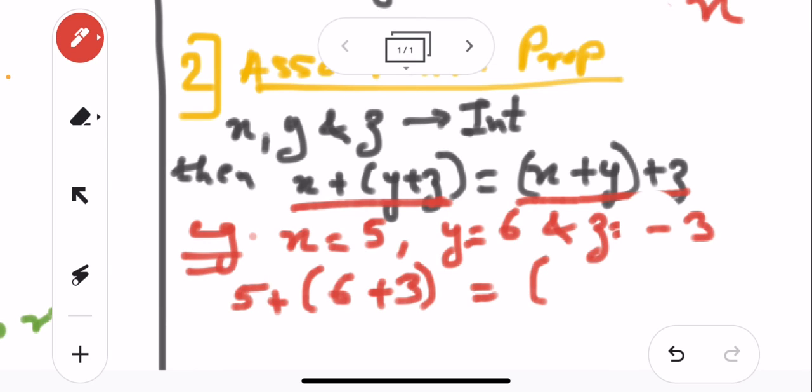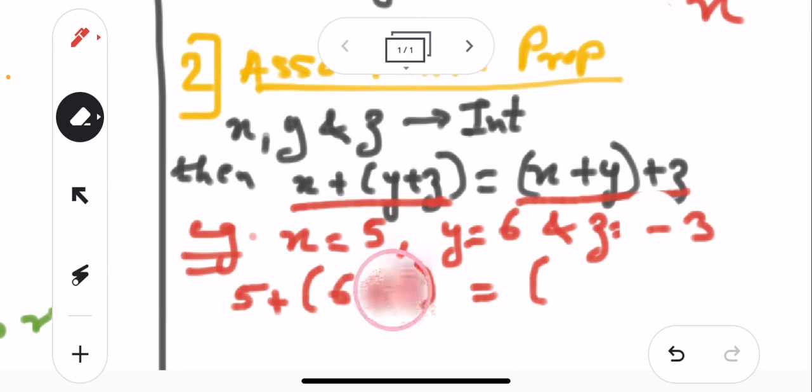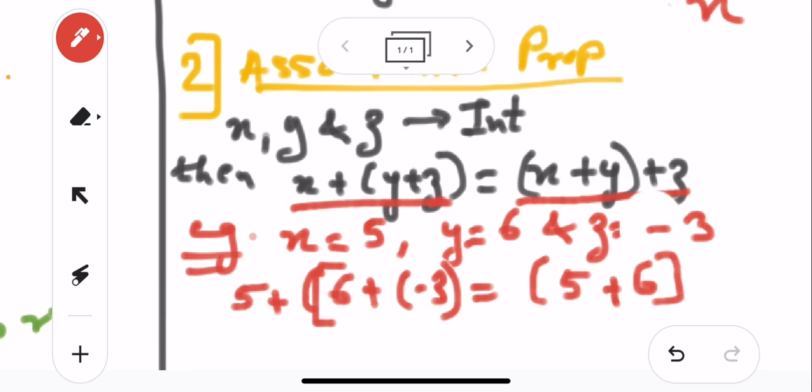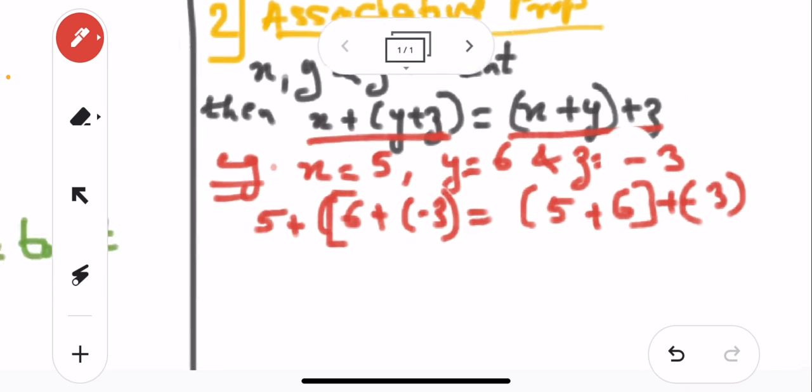So I'll be writing this 3 as plus, now my z is minus 3, so I'll write it as minus 3. Your x is 5 plus y is 6 and my z is minus 3. I have just replaced the values of x, y and z.